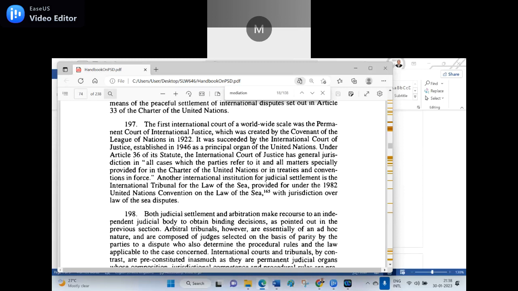Where is this International Court of Justice situated? It is in the Netherlands, at The Hague.